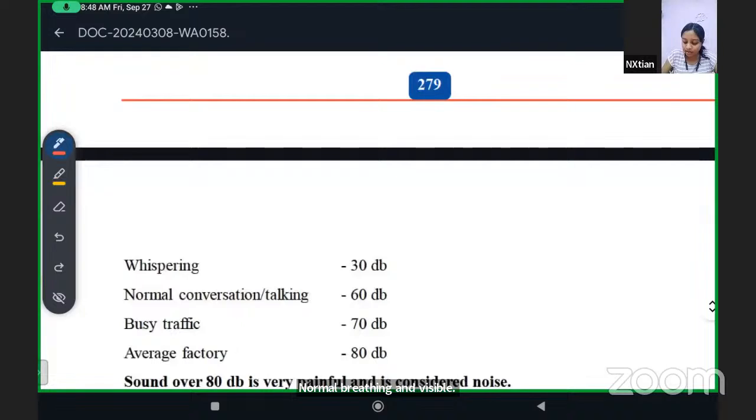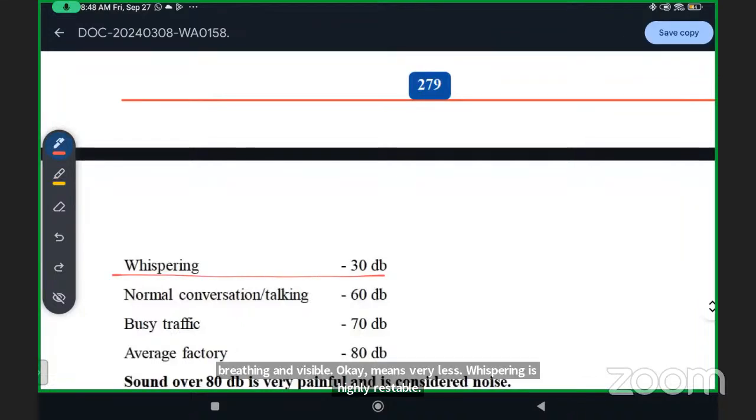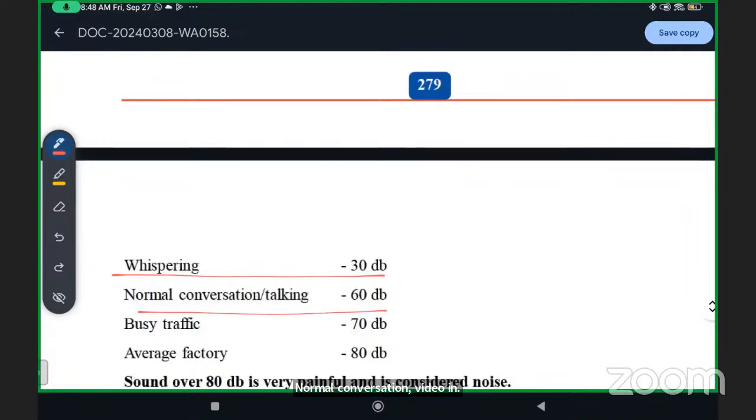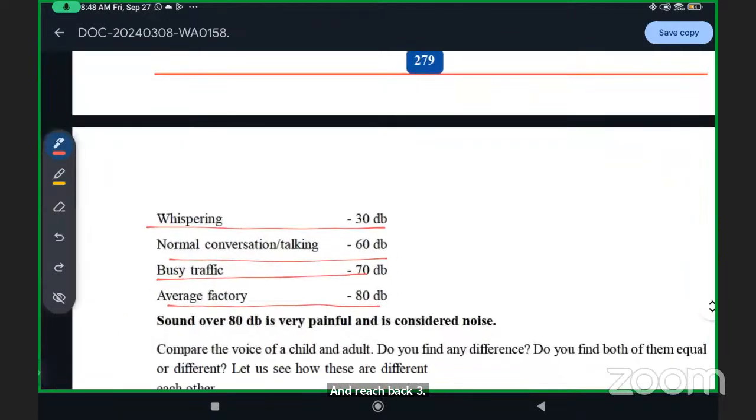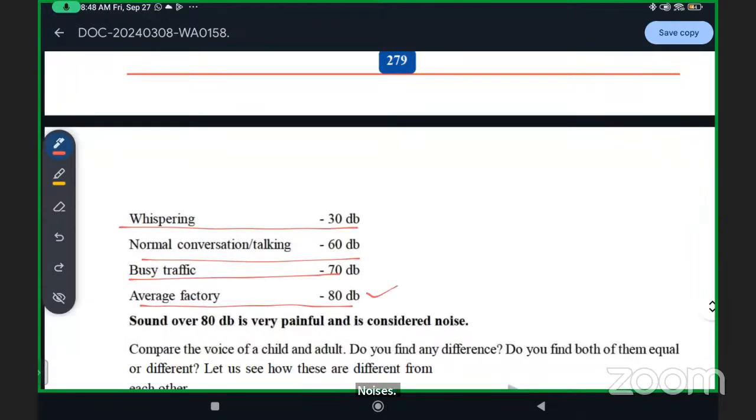Whispering is 30 decibels. Normal conversation, talking, we do at 60 decibels. Busy traffic is 70 decibels. Average factory noise is 80 decibels. Sound over 80 decibels is very painful and is considered noise.